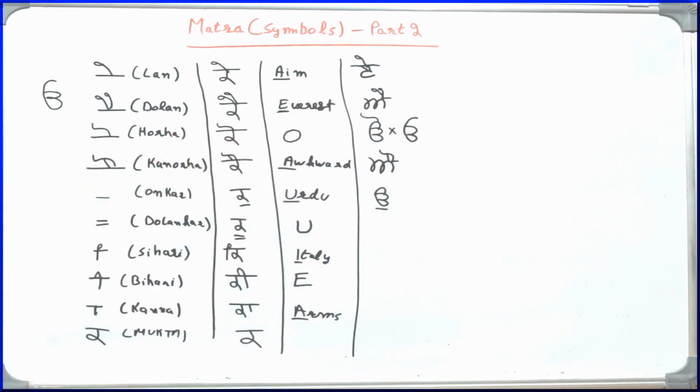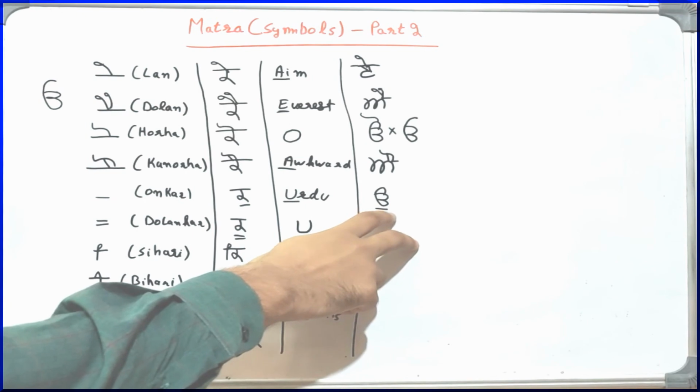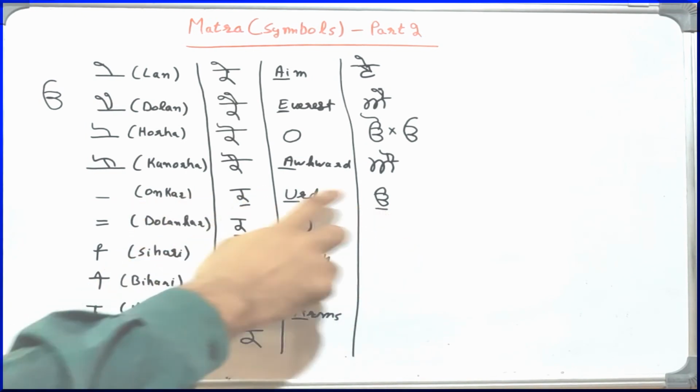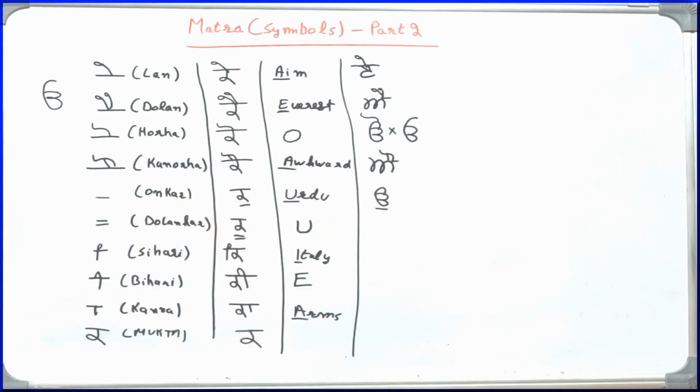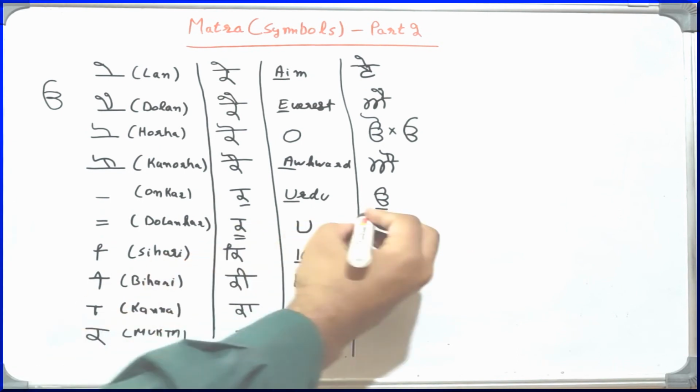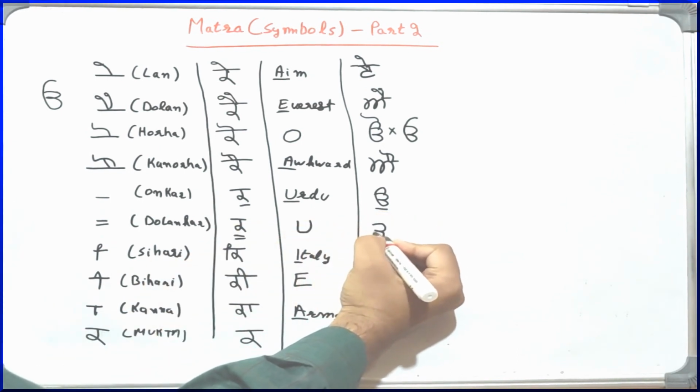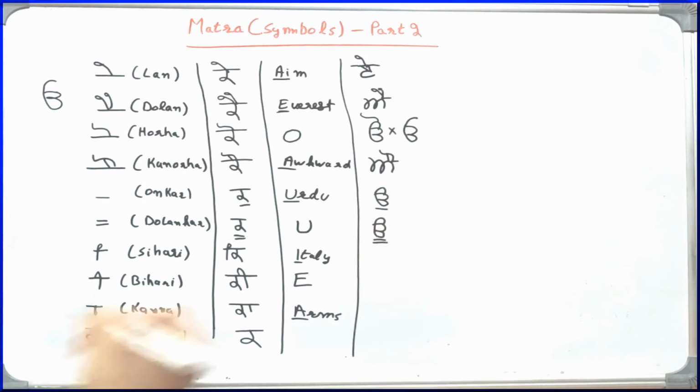If you are attaching any other matra to Uda, it will remain the same. For example, here we put Ankar, right? But the structure of Uda is same. Then we have the Lankard. The Lankard will also be represented with an Uda.